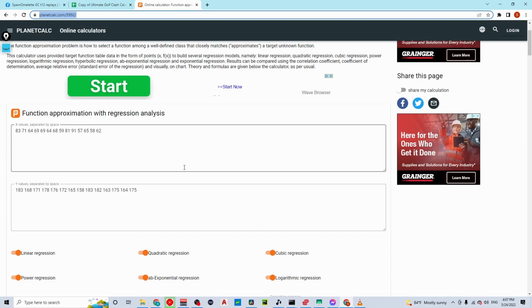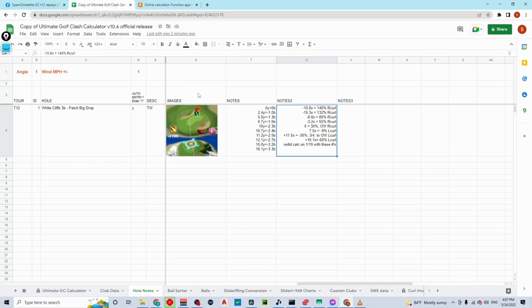If it shows 3, I might get an 8. If it shows 4, I might get 10. So you put these pairs of numbers together, and that's what we have here. We have pairs of numbers: 0 is 0, 2.4 is 1, 11.2 is negative 2.5, 15 is minus 3.2. So let's get back to that and put that in.